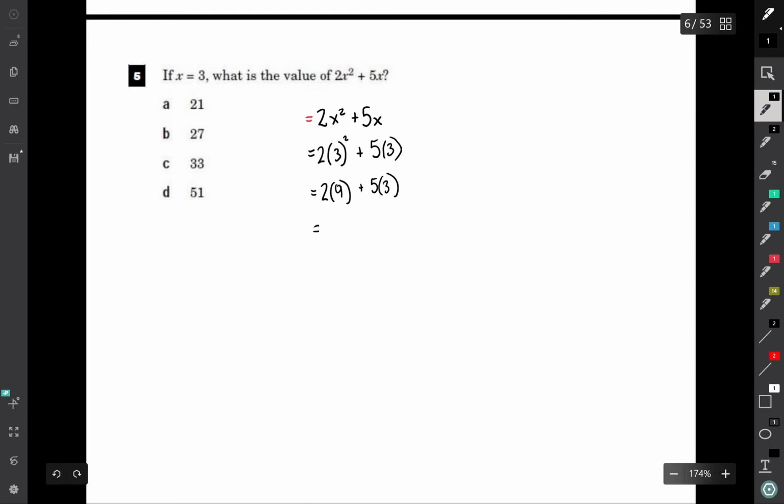All right, 2 times 9 is 18 plus 5 times 3 is 15. All right, and this gives us 33. Okay, so the value of 2x squared plus 5x when x is equal to 3 is 33.